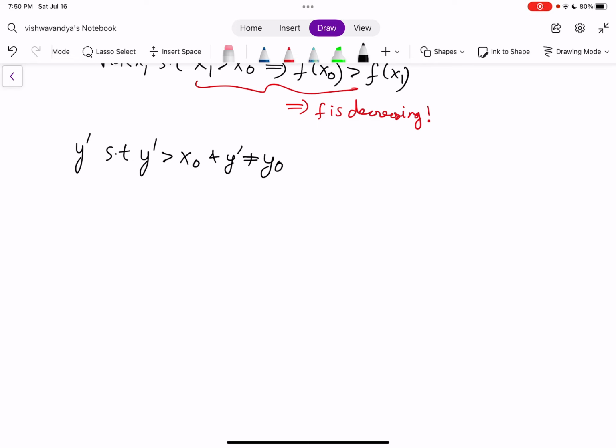Let's see what happens. So this means that f of x0 comma y prime is greater than 2.